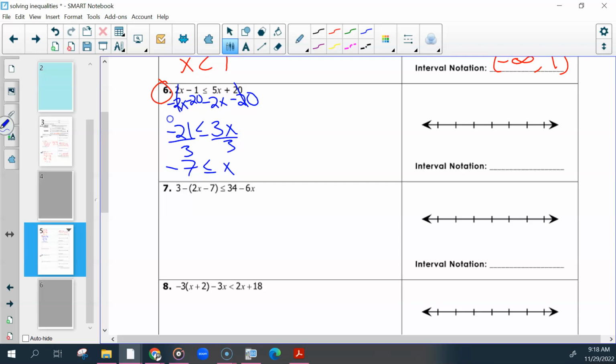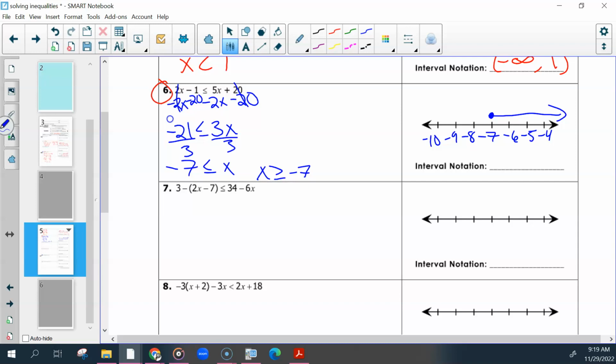Or you can rewrite it, because these are the same thing. Rewriting it may help you not draw it in the wrong direction. Just remember to read it backwards and you should be fine.